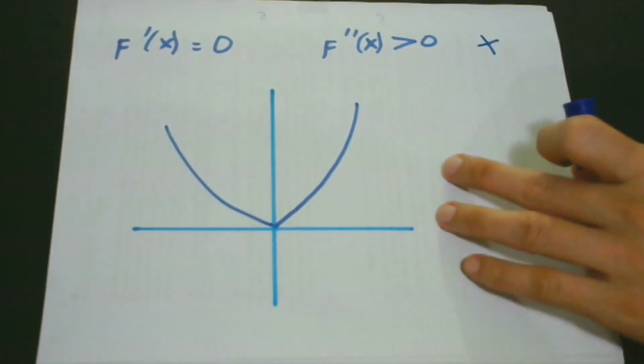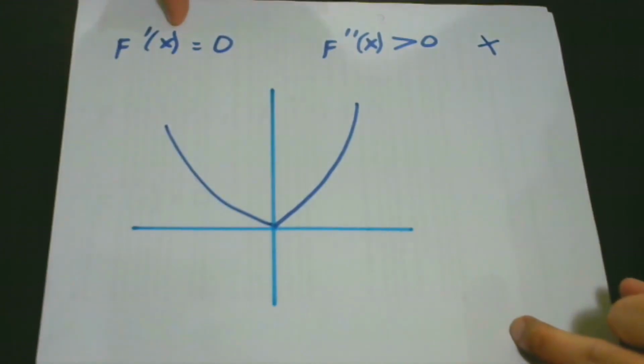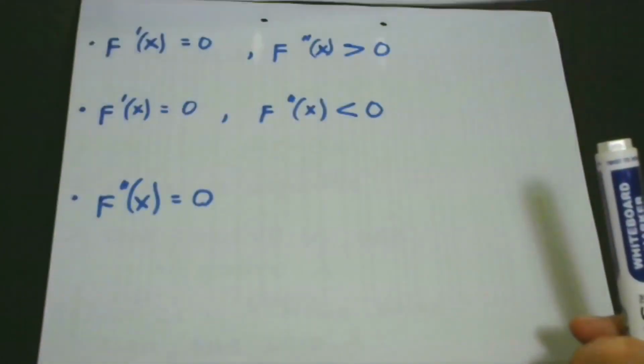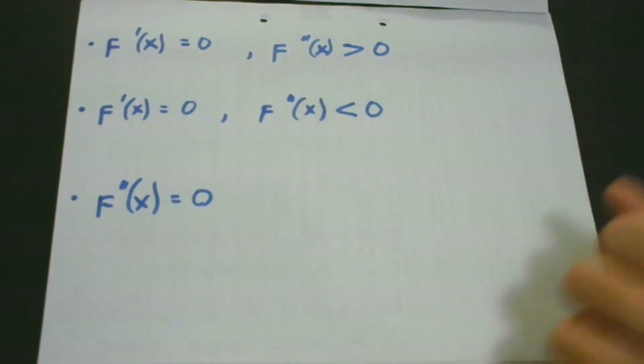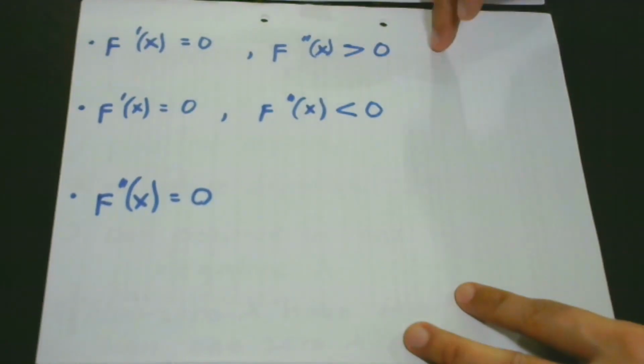This is a very good question, so we have to take note of two situations so that we would be able to understand the relationship between the first derivative and the second derivative. The first situation is this: the first derivative is equal to 0 and the second derivative is greater than 0.